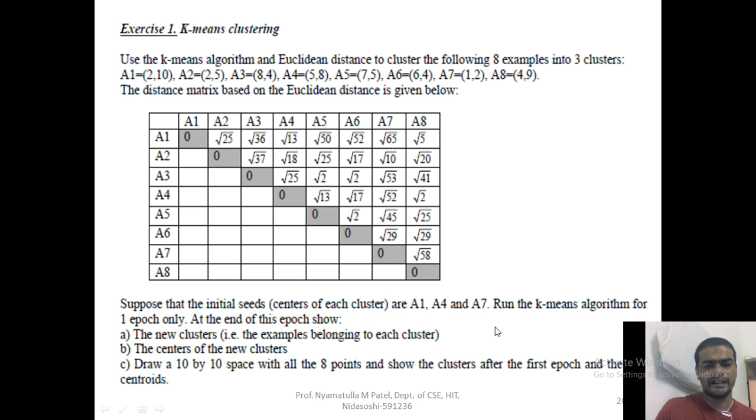So out of A1 to A8, we select these 3 points as the centers of the clusters. Then we run the K-means algorithm for one epoch only, one iteration. At the end of the epoch we get the centers of the new clusters. Then I need to draw a 10 by 10 space with all the points showing which cluster is present at what location.